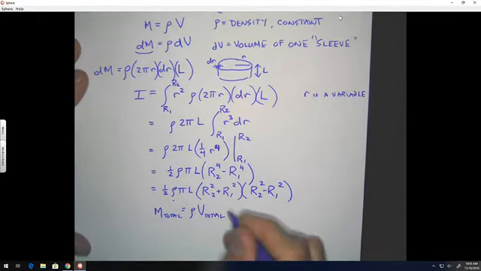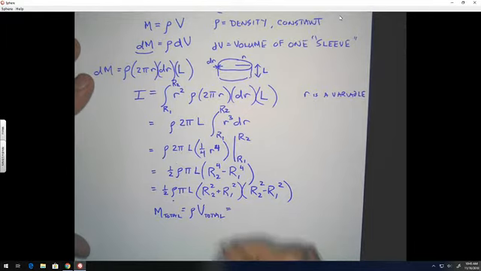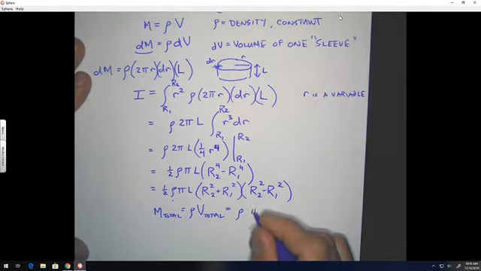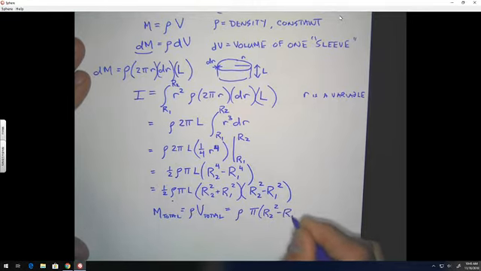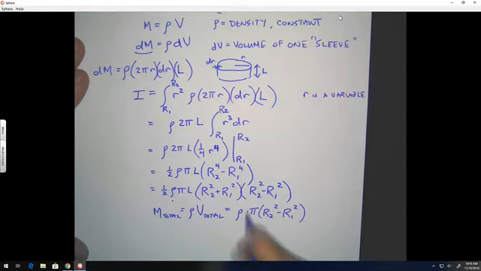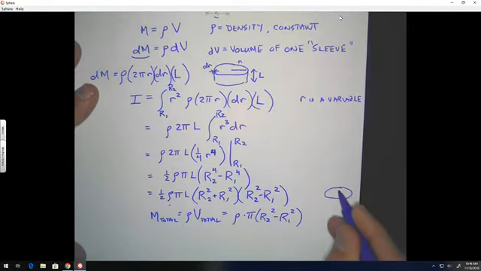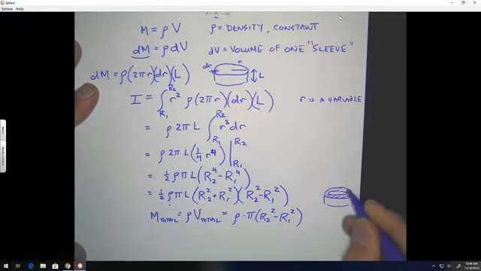of our cylinder, of our hollow cylinder, could be determined by taking the density, multiplying it by the area of the top part. So it would be like this area, right?